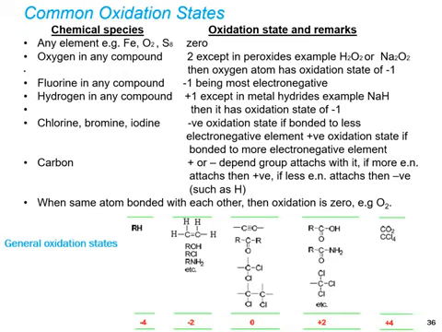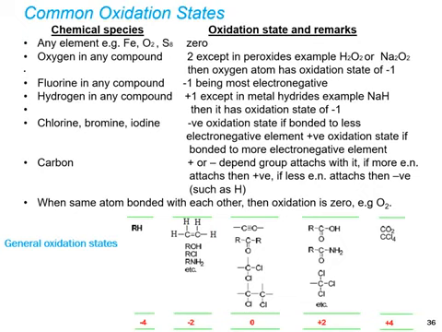Fluorine must always bear a negative charge. Hydrogen in any compound is +1 except in metal hydrides. When hydrogen is attached to carbon, its oxidation state is always +1. But when it is attached to a more electropositive atom, its oxidation state is -1 and not +1.